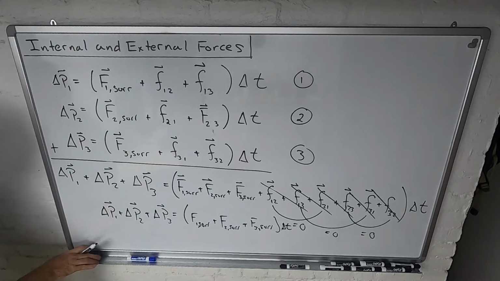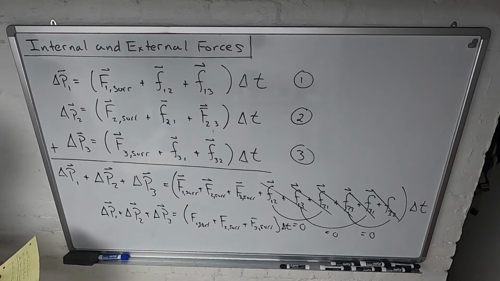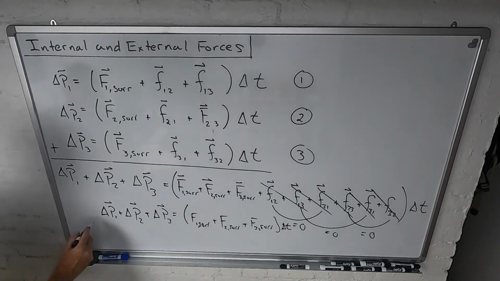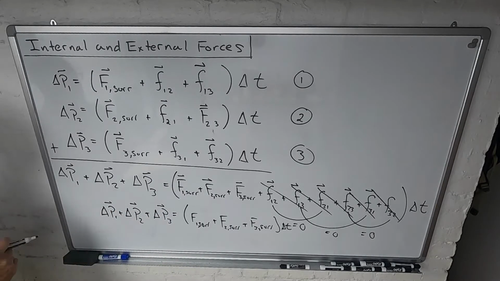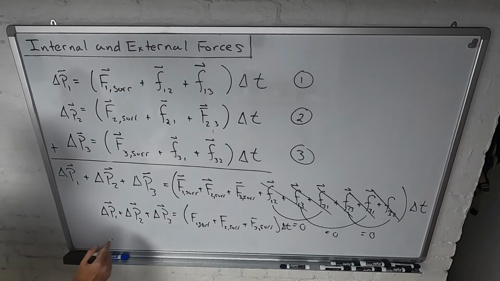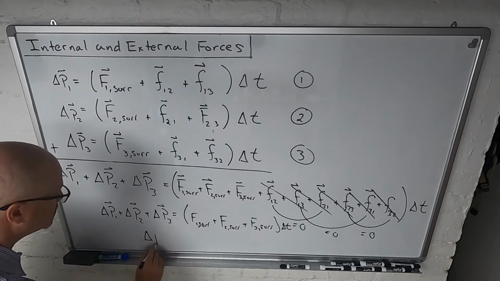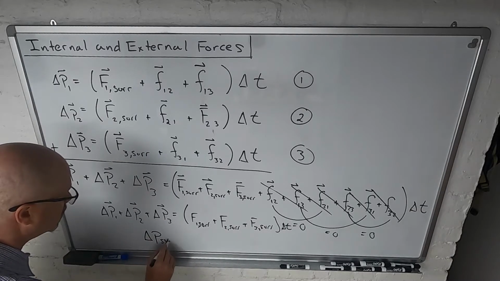And if we look very closely at this, these are the change in momenta for my system. As drawn, these were the momentum changes of my particles within my system. This is delta P of the system.